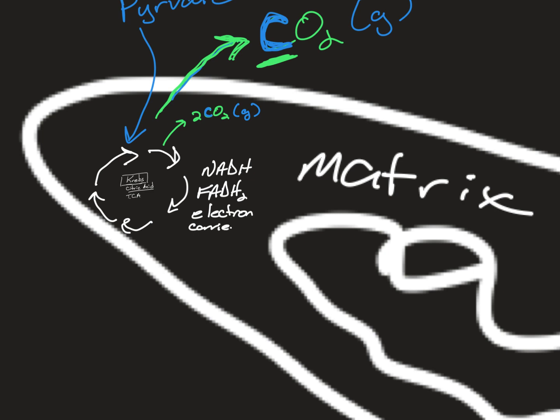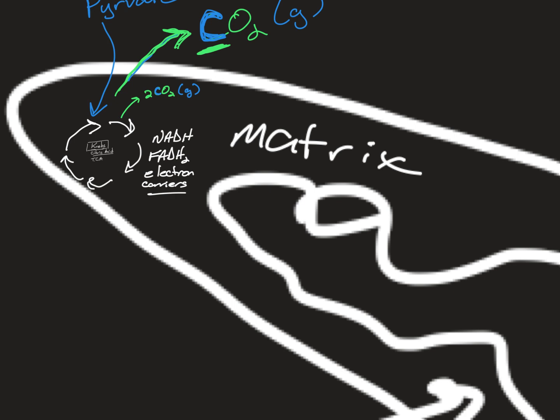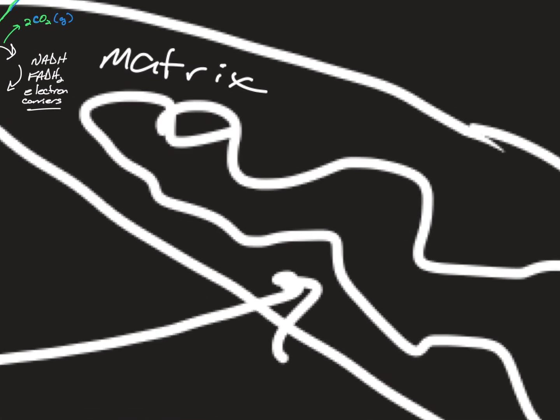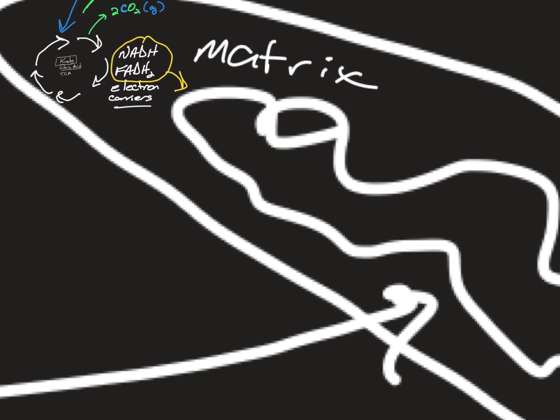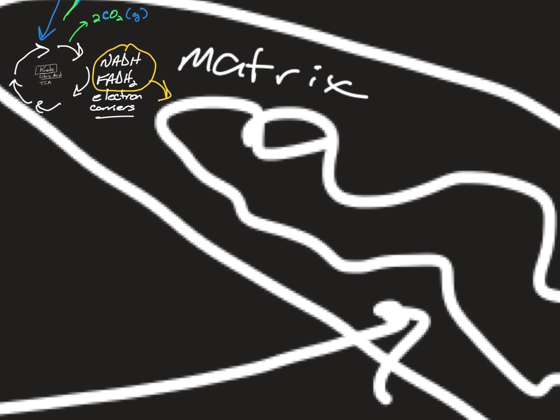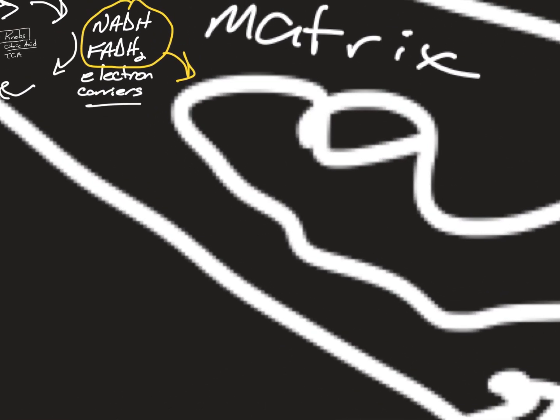And the whole point is to go to the electron transport chain that we saw already in photosynthesis. So these electrons are going to be going to the electron transport chain in the matrix. Some ATP was made as well in the Krebs cycle, but let's move on.